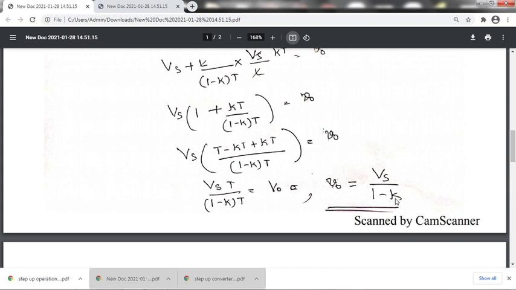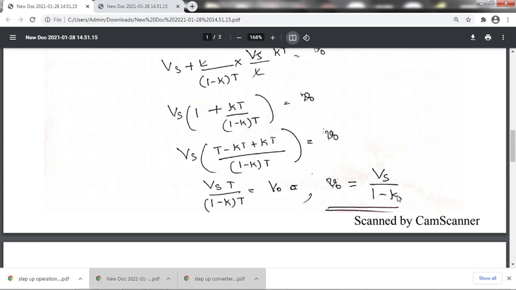You can see here, if k is 0.5, 1 minus 0.5 is 0.5. So Vs by 0.5 means V0 is equal to 2 into Vs. If k is 0.5, output voltage is 2 into Vs. We can boost. If k is 0.25, 1 minus 0.25 is 0.75.